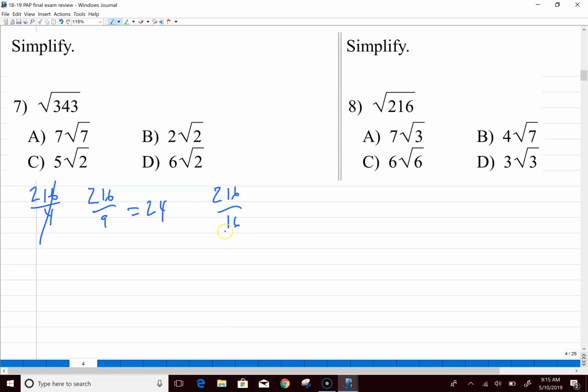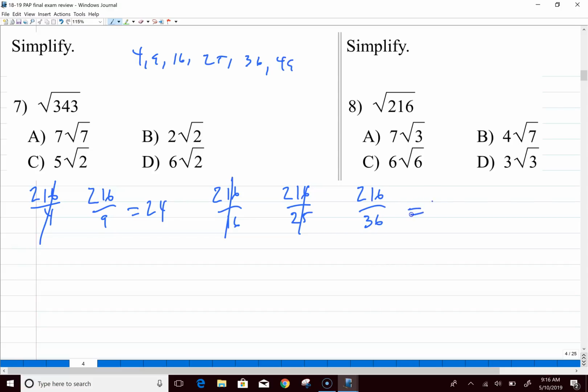divided by 16. That gives me a decimal. 216 divided by 4, 9, 16, 25, 36, 40. I just have to have them written down. Alright, so 25. 216 divided by 25 decimal. 216 divided by 36.